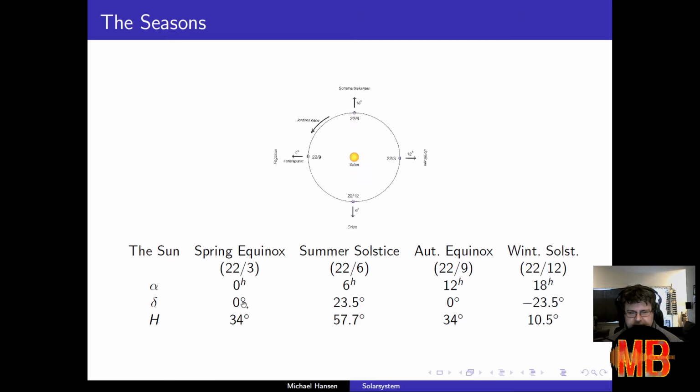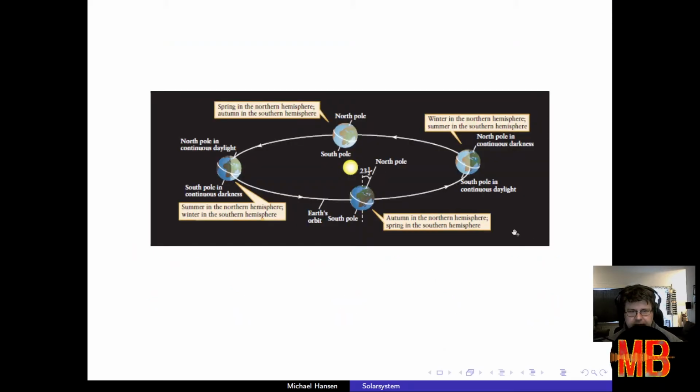Like I said in the last lecture, we define the right ascension and the declination from the position of the Sun at the spring equinox. And then we are back here, like I explained, when we have the spring equinox, the daylight time is the same all around the world.